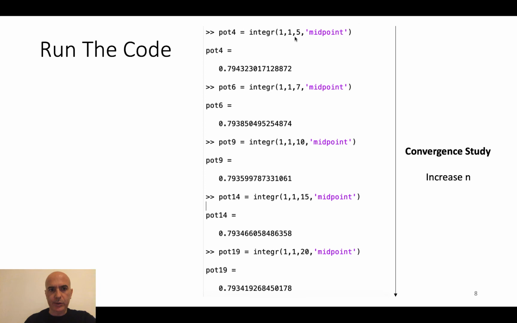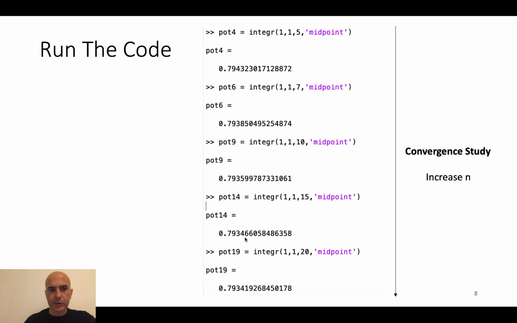If I do this using n equal to 5, I get this value here. If I use 7, I get similar values, but you see that on the third decimal digit there is some difference. So you see that increasing n from 5 to 7 to 10 to 15 to 20, I get a different value.